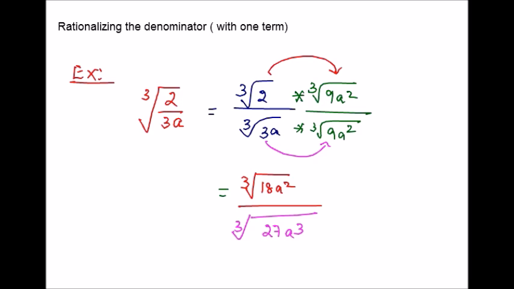So we have to simplify the fraction if possible and give the lowest term as the answer. Please look at the board. We know that cubic root of 27a cube is 3a, because 27 can be written as 3 times 3 times 3. A can be written as a times a times a.